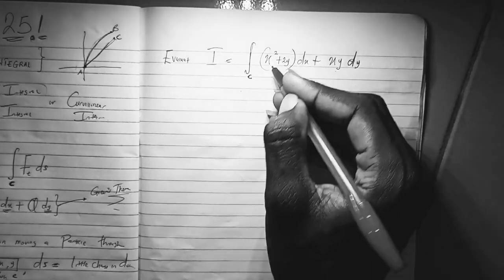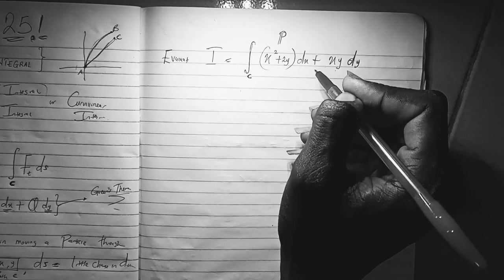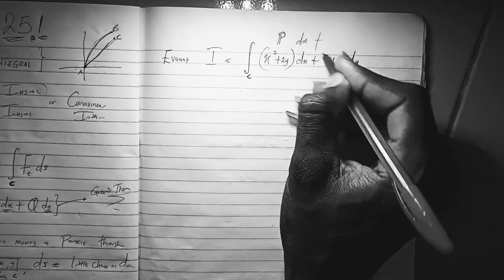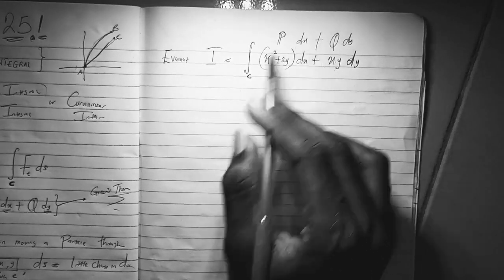So what did you notice about this? This is just trying to tell us that we have a function p, which is in terms of x and y, and we have dx plus, this is q, right? Then dy. So there's nothing really special about this. It's still trying to show whatever this definition is telling us.